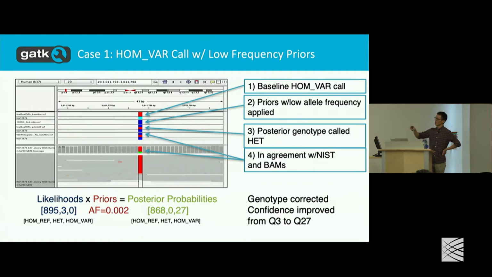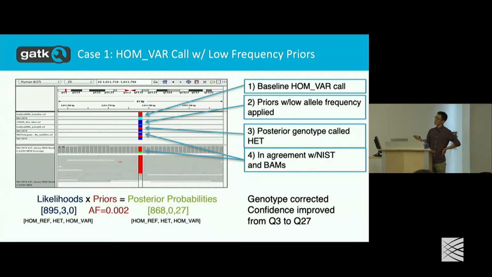The genotype with the highest probability is 0, and the other 2 are the negative log 10 of the other probabilities. So in this case, the HET call was a factor of 10 to the negative 3 less likely than the HOMVAR call.